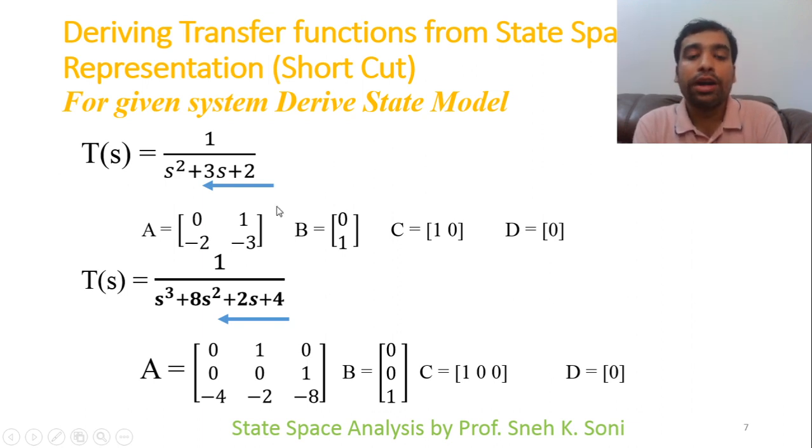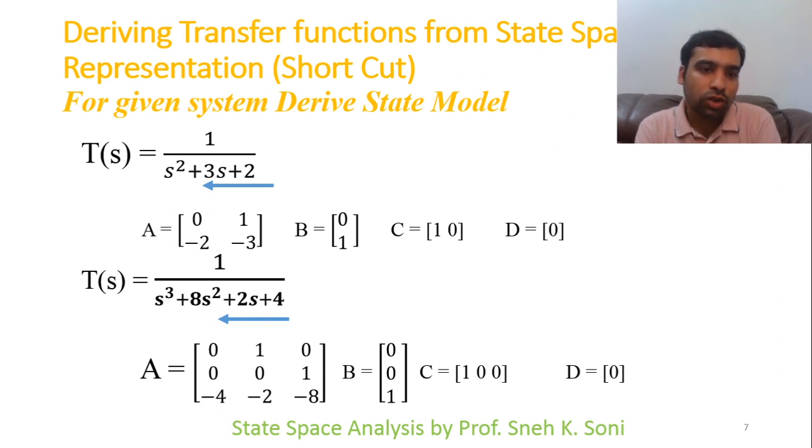Now how to write the coefficients? Here you need to start from, this arrow is very important, you need to start from the last, the s raised to 0 coefficient, and change the sign. So minus 2, minus 3. If you change the sign of the coefficients, it will be minus 2 and minus 3, and you need to write that in the last row of matrix A. So whatever coefficients you have, with the opposite sign, following this direction, you will write in the last row.